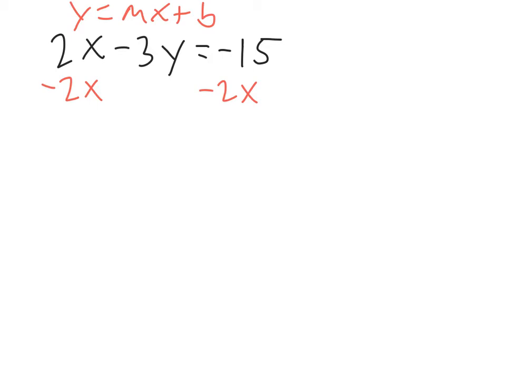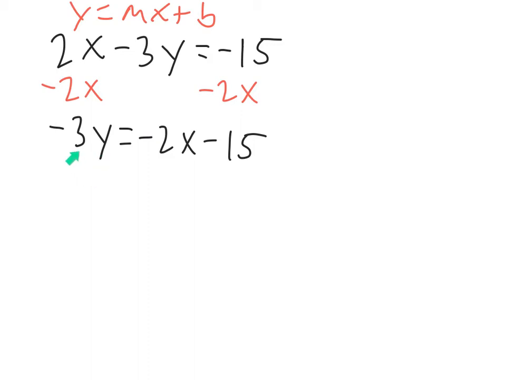So on the left side, the 2x is canceled to leave negative 3y. And on the right side, we like to put x first, so put the minus 2x. And then the minus 15. Then, what is happening to y?